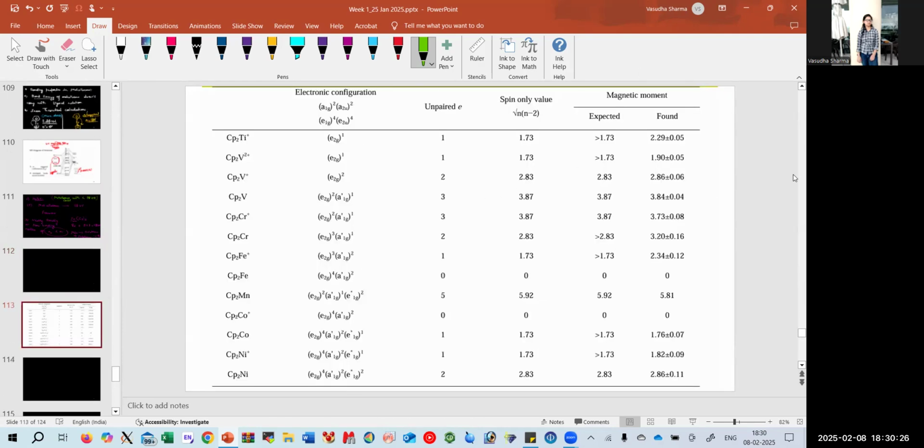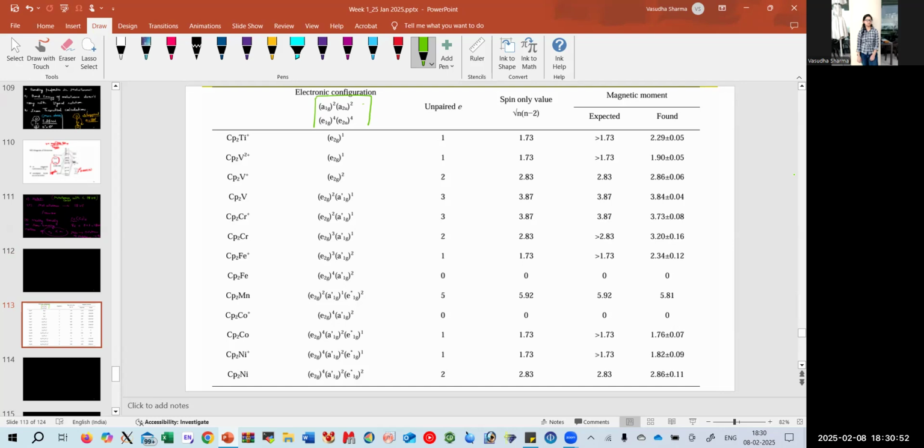So here, if you see carefully, this is the general configuration, which is having A1G2, A22U, which we all just saw, and E1G4 and E2U4. That means 4 plus 4 plus 4, 12 electrons are already coming, and now we have to fill from whatever is left out.